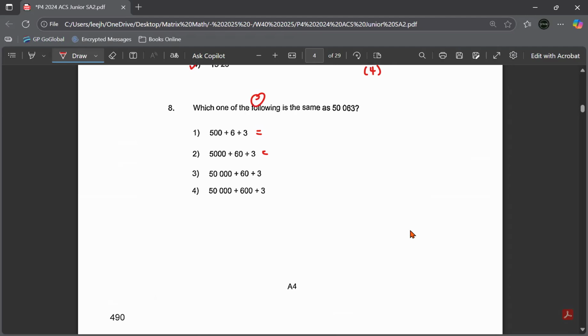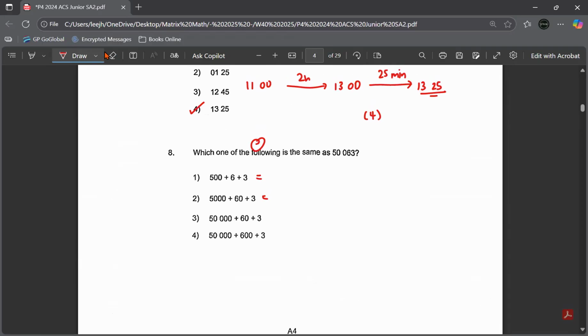Oh, sorry. How come I cannot do the mouse? Wait, I think it's stuck. Give me a while. I'm just trying to solve this issue here.